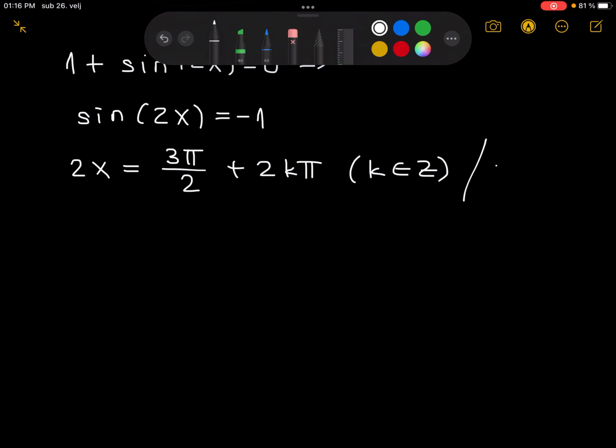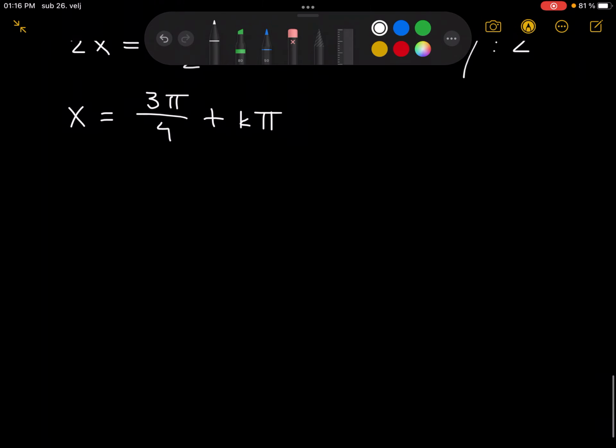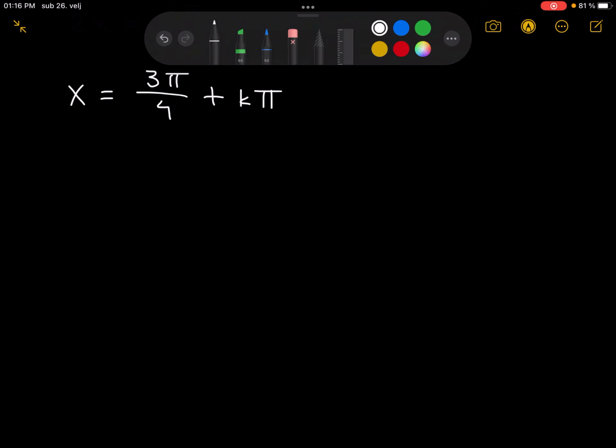And now we can go ahead and divide both sides by 2, and that will give us that x is equal to 3 pi over 4 plus k times pi. So these are going to be all of our stationary points. However, notice that we can actually split this solution into two parts.